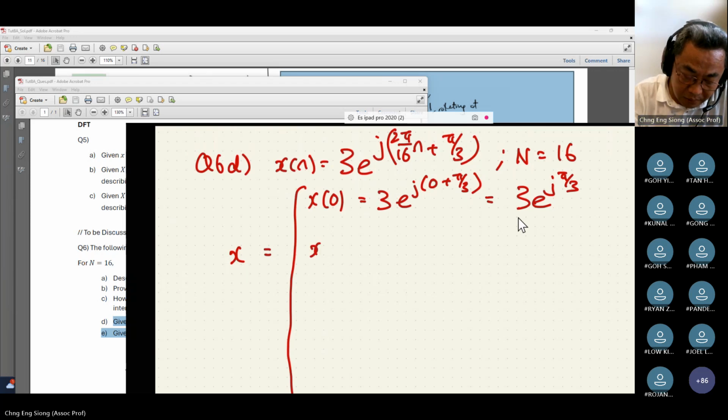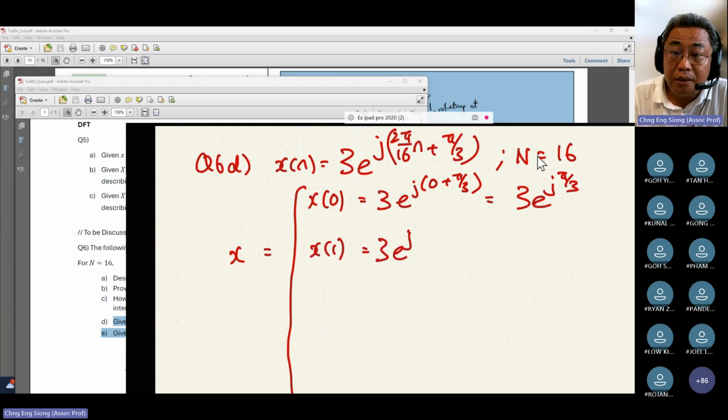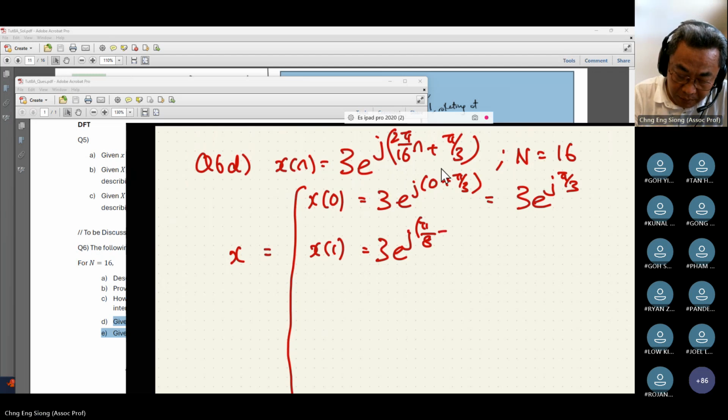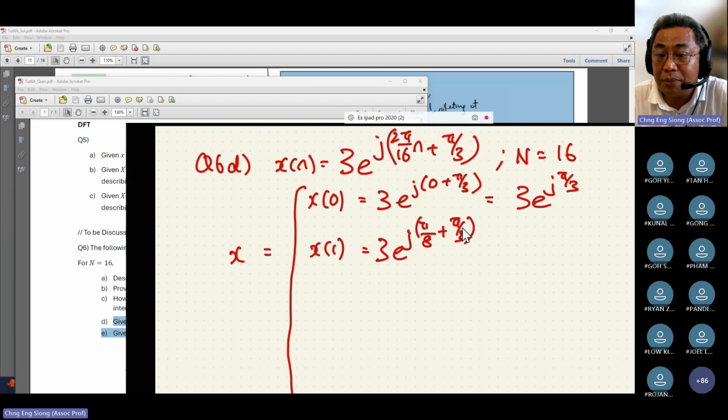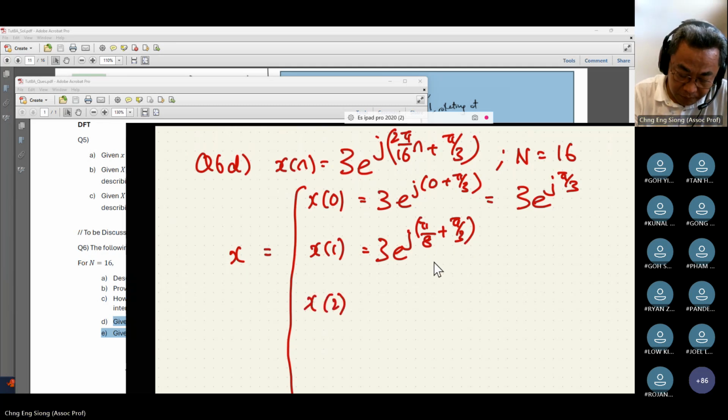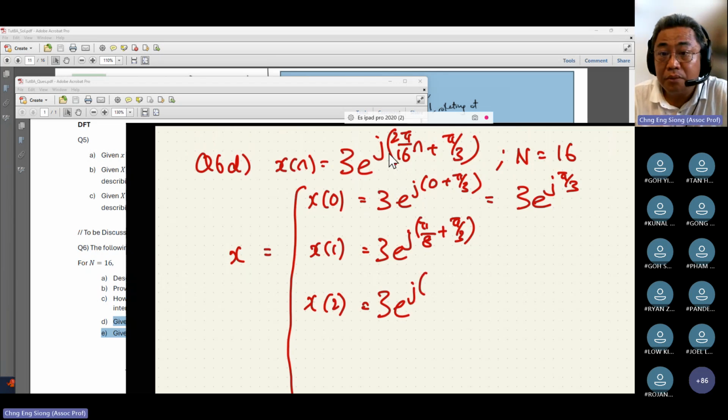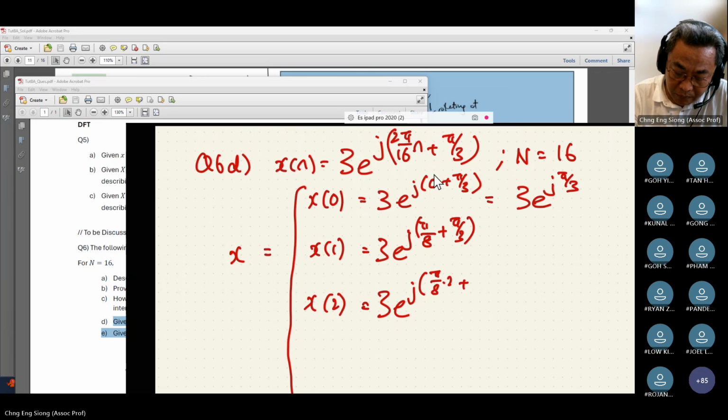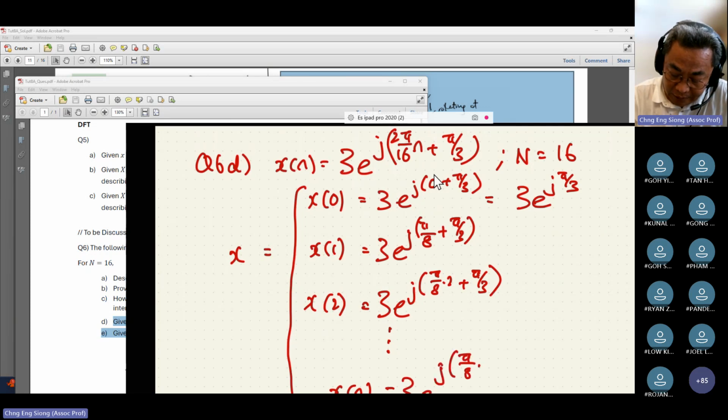Second element: 3e^(j(2 pi over 16, which is pi over 8, times 1, plus pi over 3)). So you realize that this pi over 3 is always added to this term. Now, pi over 8 times 2. So the general equation is x_n equals 3e^(j(pi over 8 times n plus pi over 3)). Same equation as above.